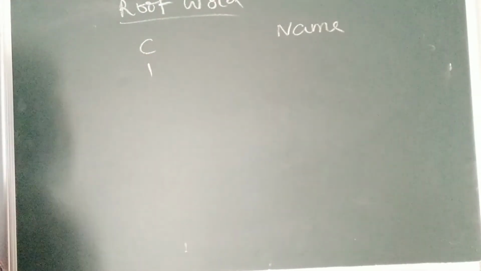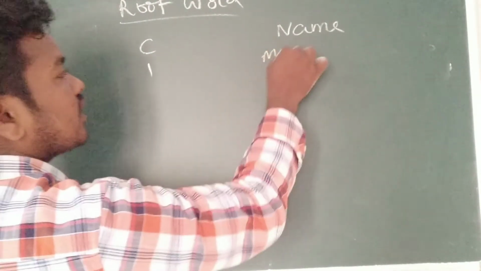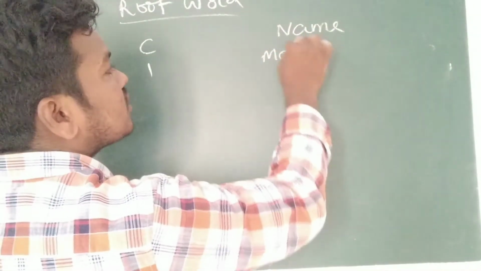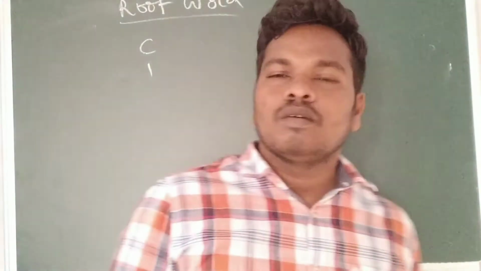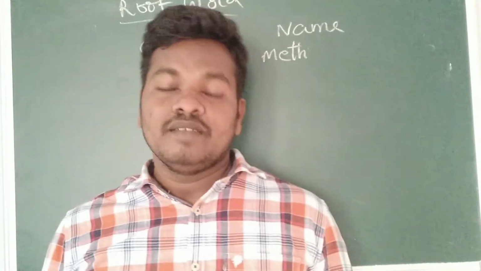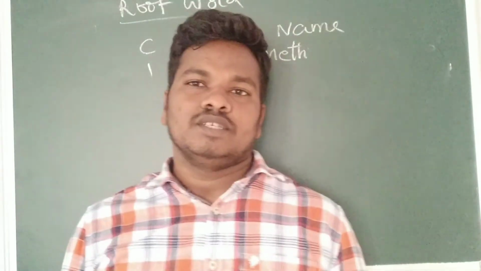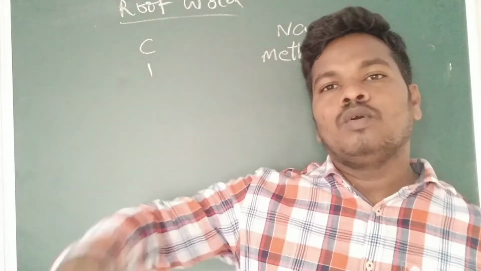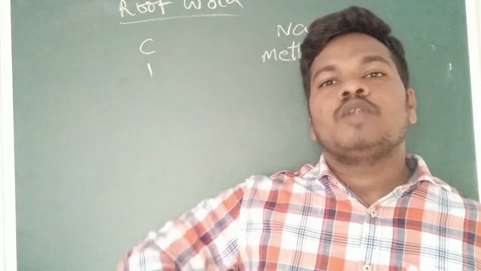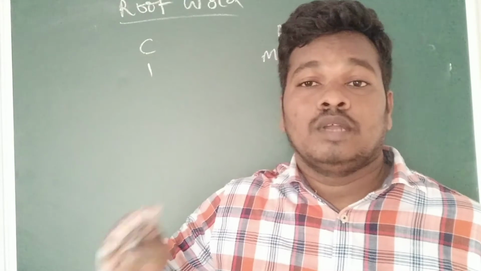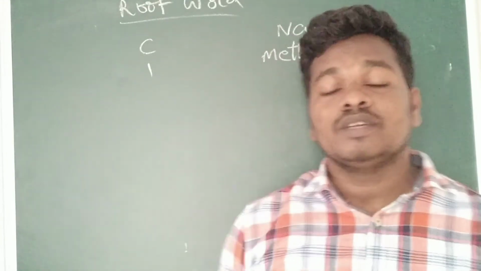If one carbon is present, we call it meth. Later we will discuss what is methyl, what is methane. Everything we will discuss, step by step, we are learning the fundamentals. Part 1 we have to see, later part 2.